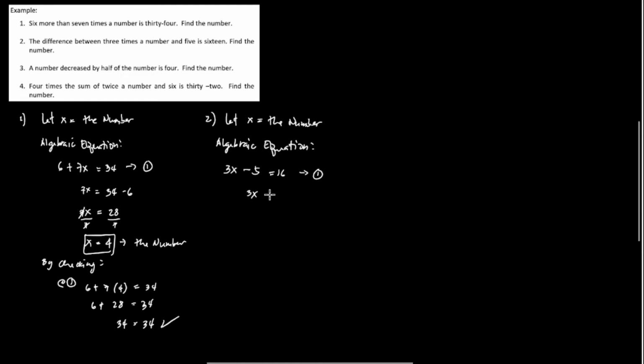So 3x, transpose negative 5 to the right side, which is positive 5. So 3x equals 16 plus 5, which is 21, and divide everything by 3, cancel out 3, and x is equal to 21 over 3 is 7, and x is equal to 7, which is the number.